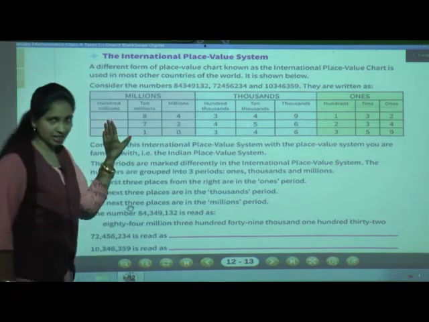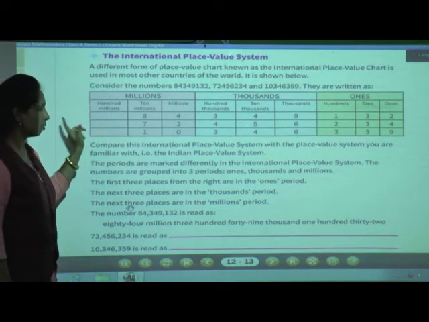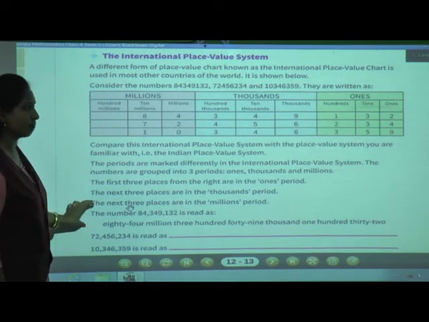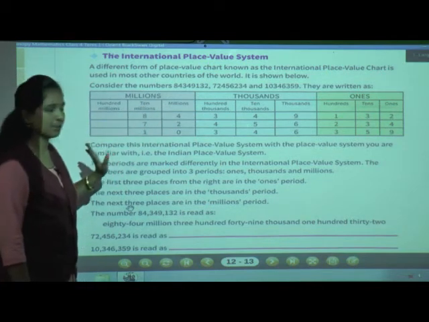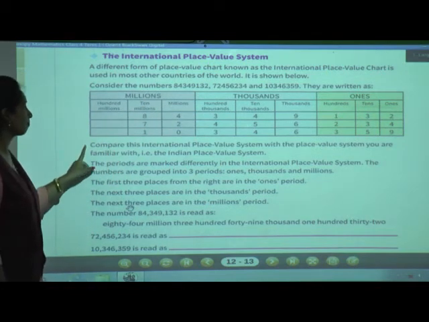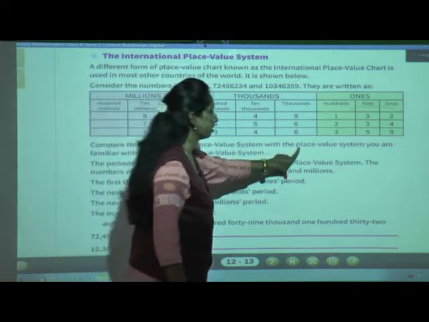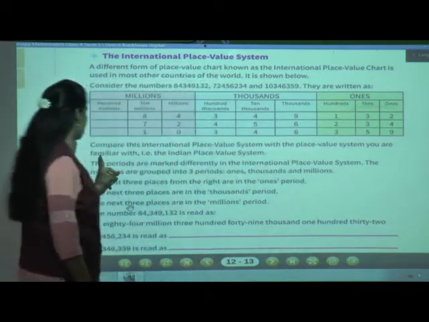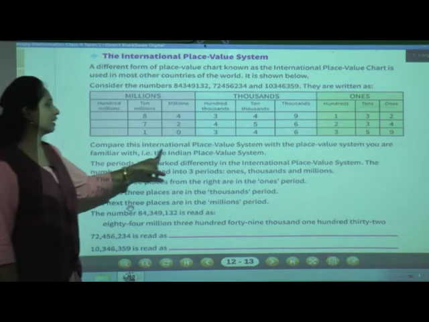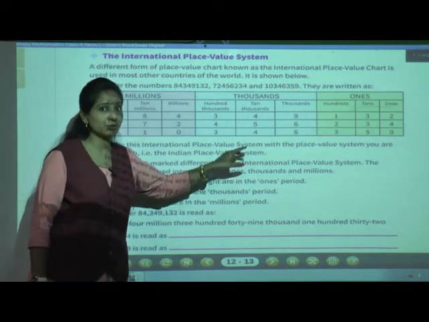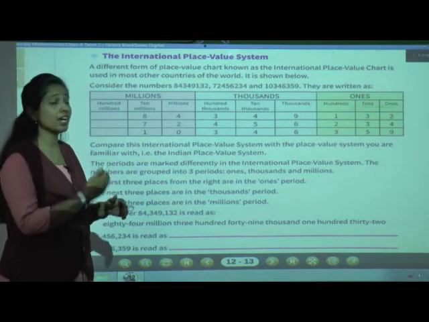Now this is the international place value chart. So I'll tell you one by one, step by step, then we will see the numbers, how we have placed them. Compare this international place value system with the place value system you are familiar with, that is the Indian place value system. They said we have to compare.